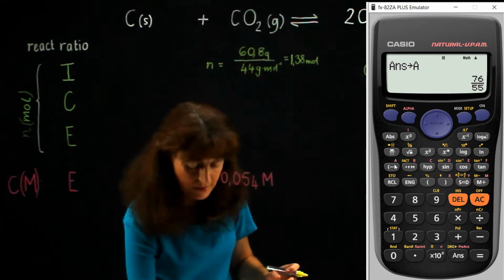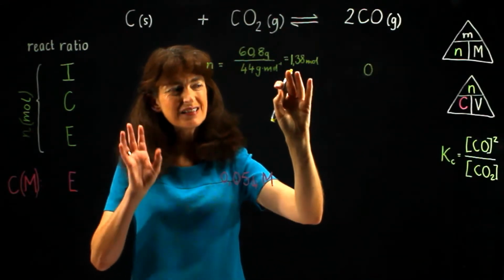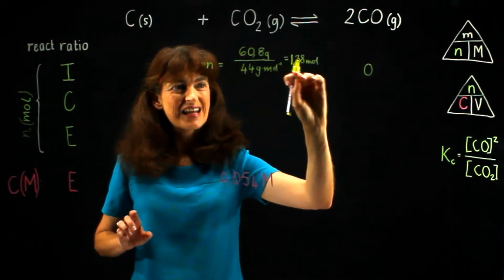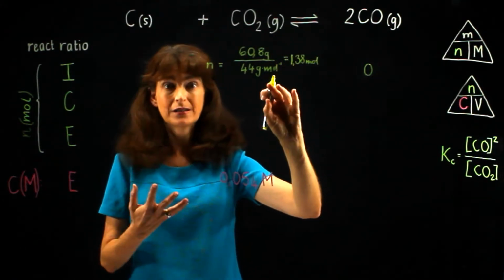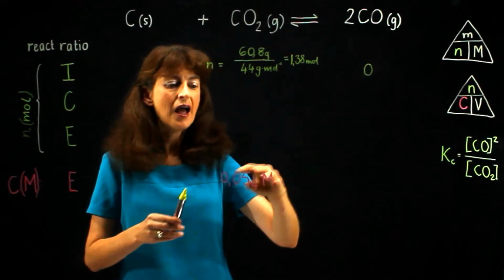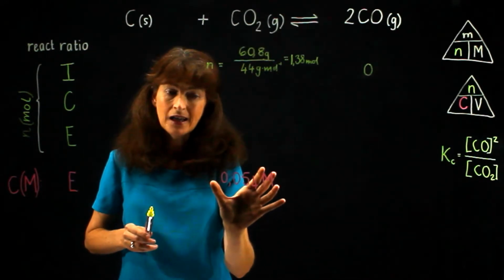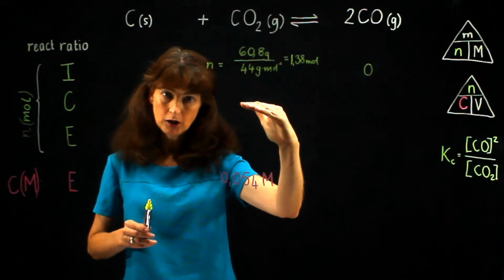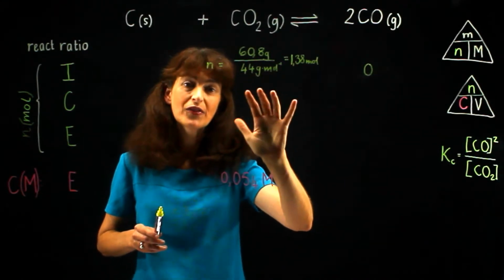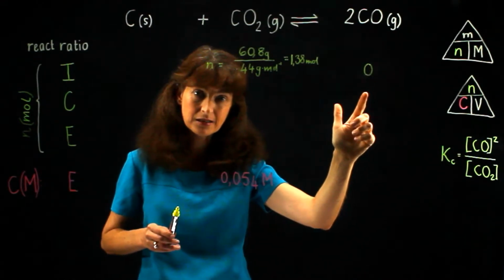Right, so what does that mean? That means that's how much we have at the beginning. But that doesn't directly tell us how much carbon monoxide is going to be produced, because it doesn't necessarily all get converted into carbon monoxide. We know that it doesn't, because at equilibrium we can see that we have some carbon dioxide still there. And so we need to find out the change, because from the change in carbon dioxide, we can find out the stoichiometric change in carbon monoxide.